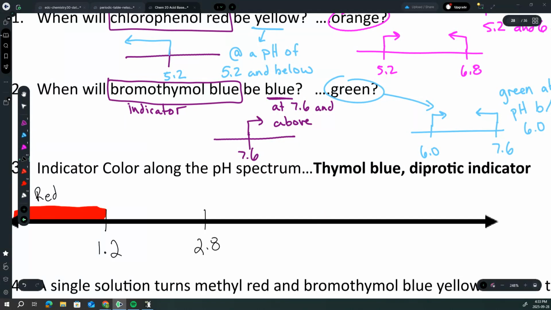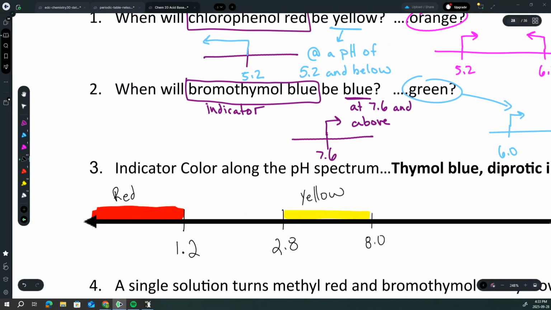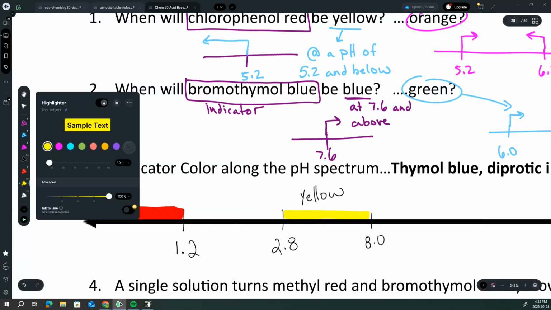And I'm going to move this over a little bit. So this is going to be yellow. Now, in between 1.2 and 2.8, well, it's going to be the in-between color between red and yellow, which is going to be orange.